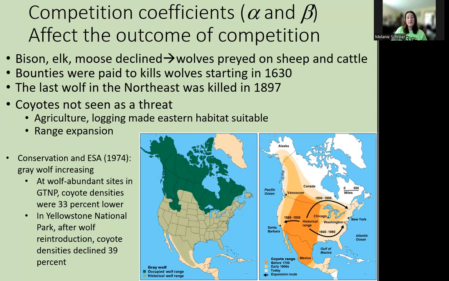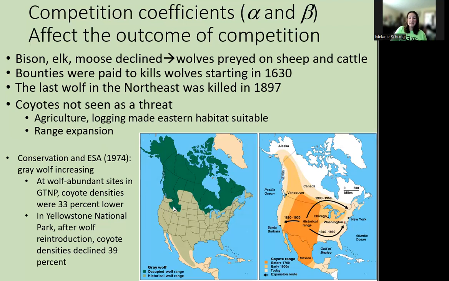They were reintroduced to Grand Teton National Park, and again, lots of efforts to maintain this very important predator. And so it turns out that when the wolves were reintroduced, which is what this right here is, this is due to management efforts, due to the Endangered Species Act.